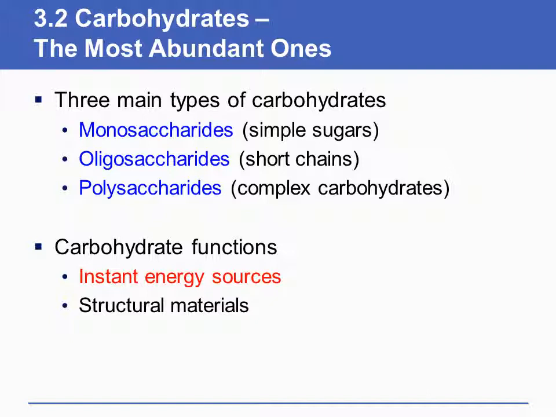So pound for pound, fat stores twice as much energy as carb, but it's not as quick. So your body will extract energy from fat, but if you have a race to run in a short time, you need energy now and not tomorrow, and therefore you may be better served by eating carbohydrates.